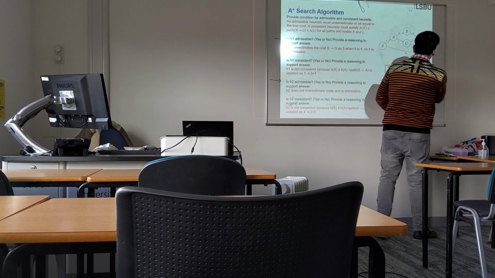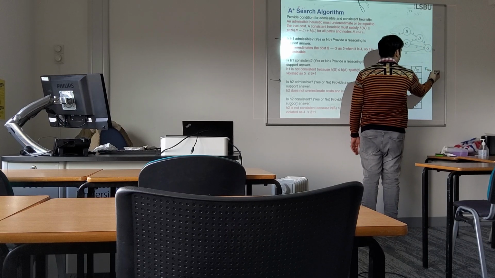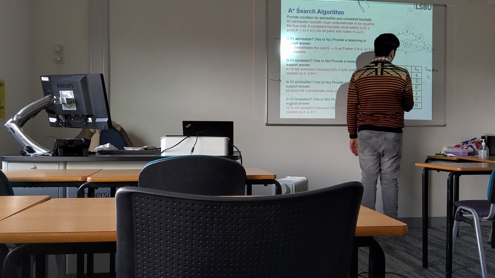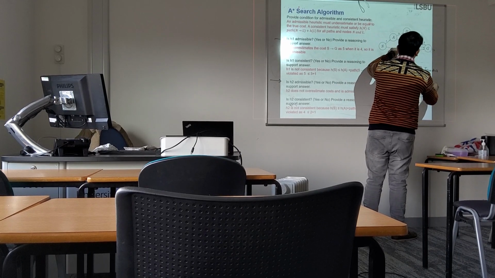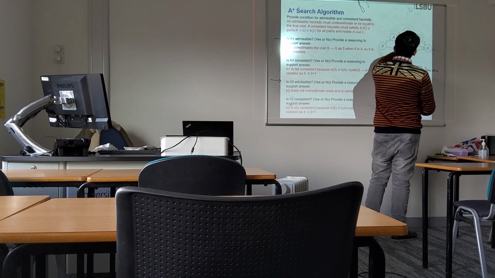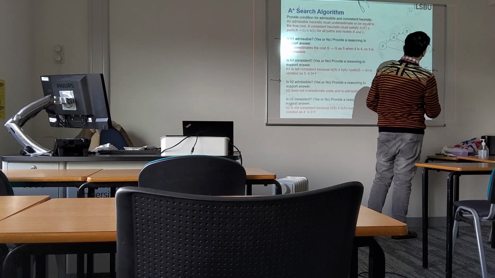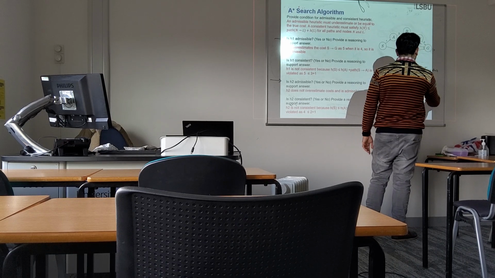So you can check at each point. At S, the true distance is 4. At point A, the true distance is 3. At point B, the shortest distance is 3 and 3, 6. At point C, the shortest distance is 2.